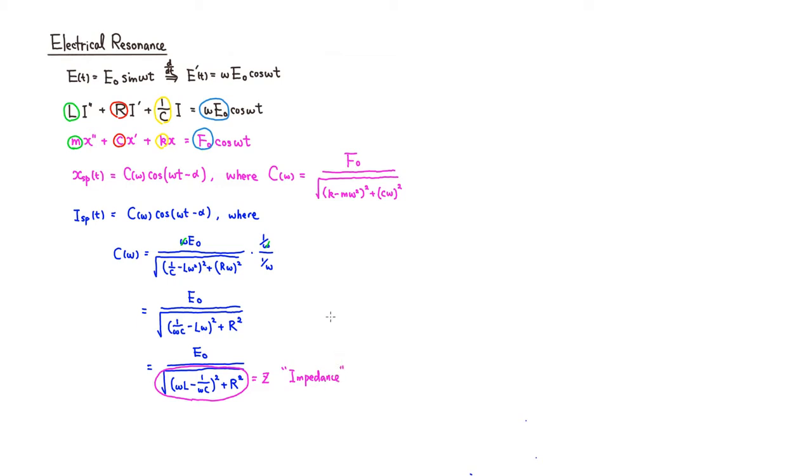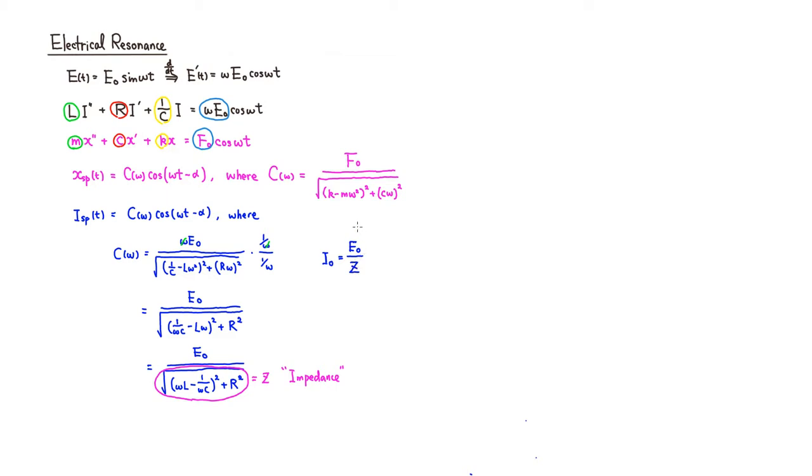If you think of the current I, and we're talking about just the amplitude of I, the amplitude of current I, let's call it I0, can be written as E0 over this impedance Z.